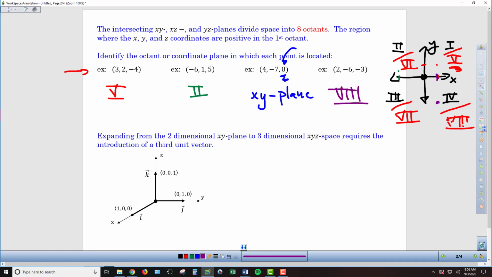So hopefully we can navigate our way through this as best we can. I think this flat version of the xy coordinate plane with a z-axis poking up out of the page and then into the depth of the screen is probably our best way to visualize which octant a particular point is located in.